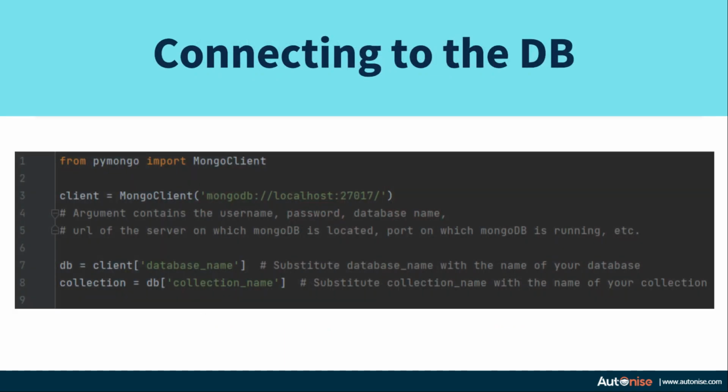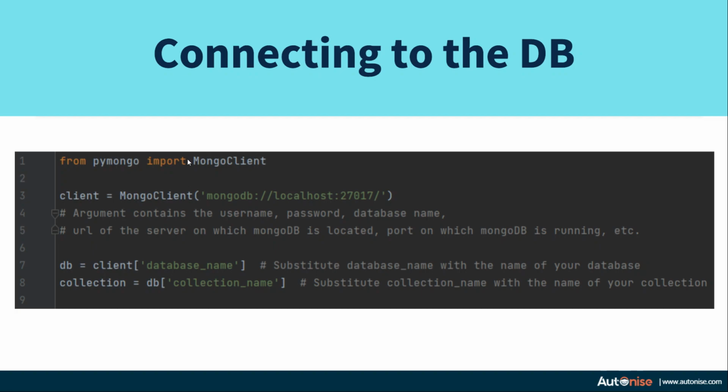Before we start having a look at the CRUD operations, first let's see how we connect to the database from Python to MongoDB. First of all, you need to install the PyMongo library. You can do this easily by doing pip install pymongo. After you have done that, you import MongoClient from PyMongo.